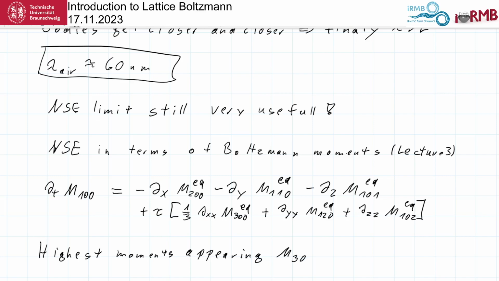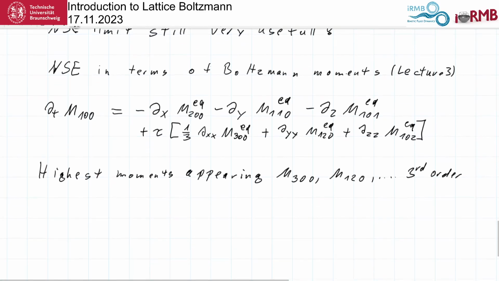These also appear only in their equilibrium, not in their non-equilibrium state. And this is important because otherwise we would have the closure problem. The non-equilibrium of this moment depends on the fourth order moments. So we end up here in third order moments.